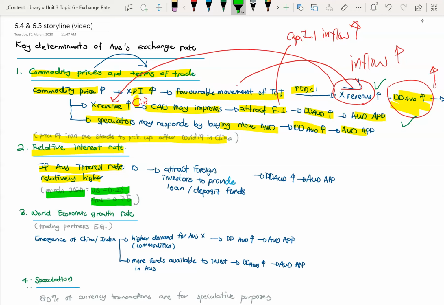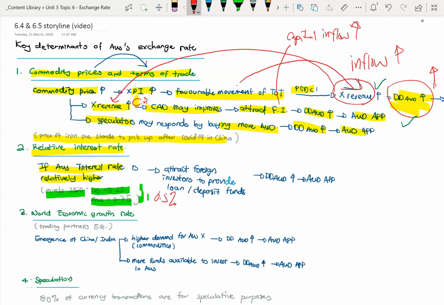Yes, 0.75% is very low, but the US is even lower. If you are an American, wouldn't you want to invest in Australia instead of the US, whether depositing money into the bank, buying bonds or giving loans? Because there's a difference here of 0.5%.